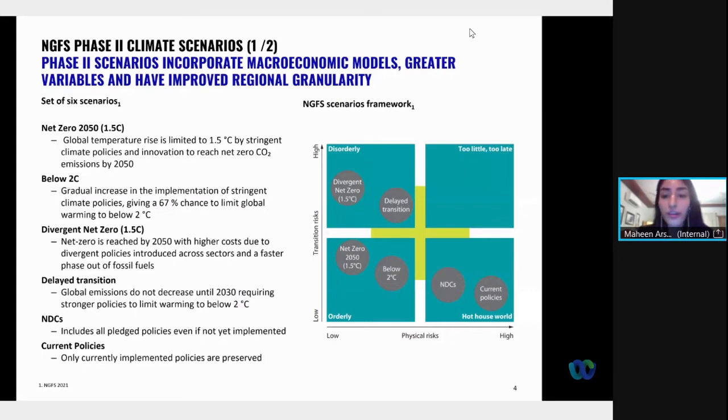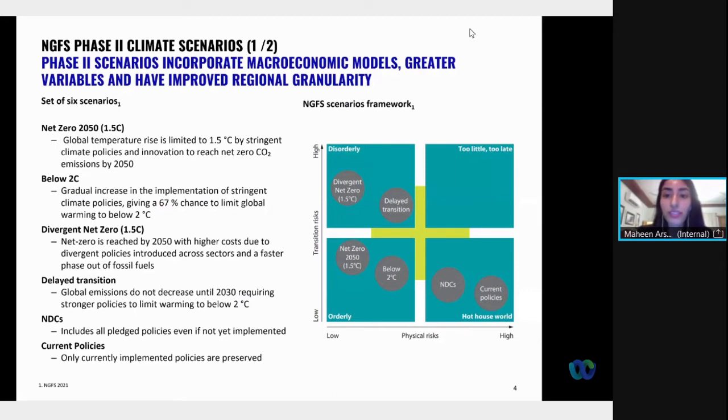The first one I'd like to mention is the net zero by 2050 scenario, which includes the implementation of policies as well as carbon taxes, which will allow the world to be set on a 1.5-degree pathway by 2050.